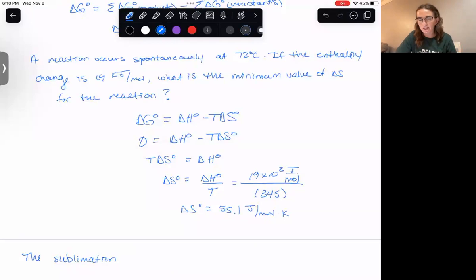It's becoming spontaneous at 72, so at 73, 74, 75, those would all make it spontaneous. So the temperature is controlling spontaneity. Your delta H and delta S are going to stay the same, but it's that temperature component that's affecting how delta S affects delta G.